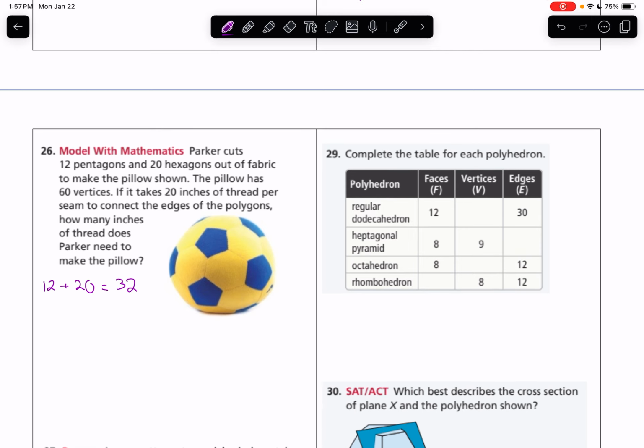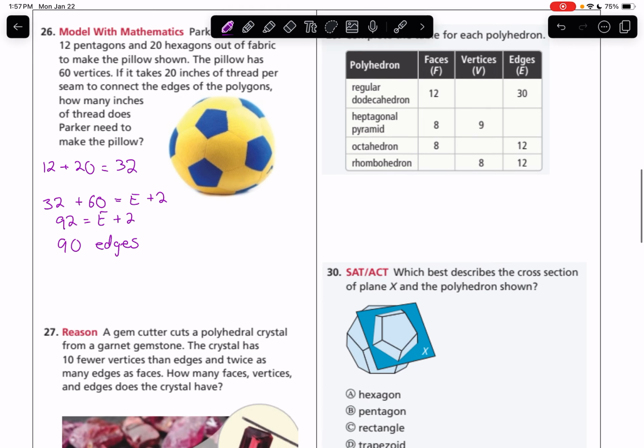So we're going to use 32 faces plus 60 vertices equals the number of edges plus 2. And we'll find that's 92 equals E plus 2. So 90 is the number of edges of the shape. And then each edge takes 20 inches of thread per seam. So we'll do 90 times 20. We'll need 1,800 inches of thread to get through there.